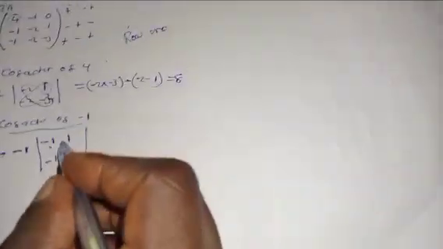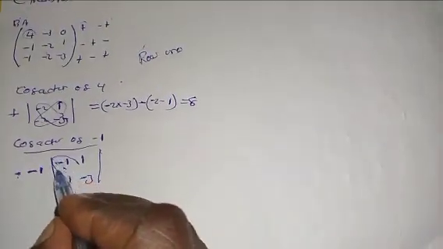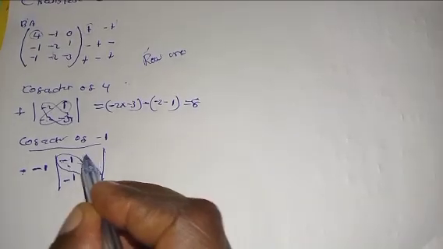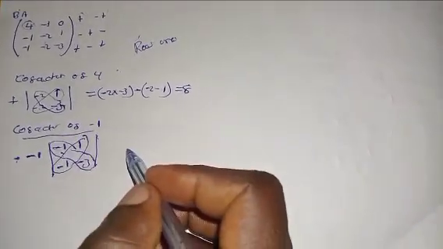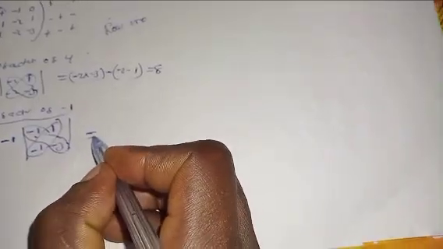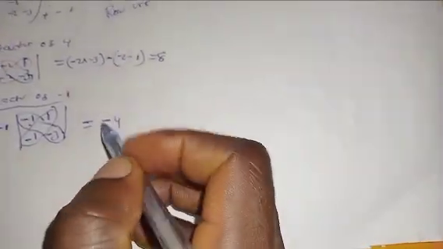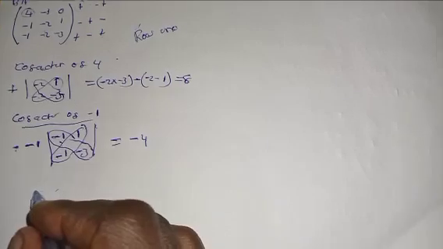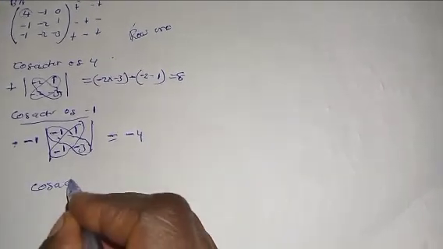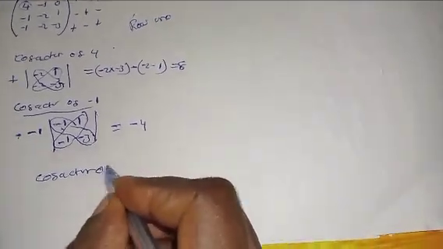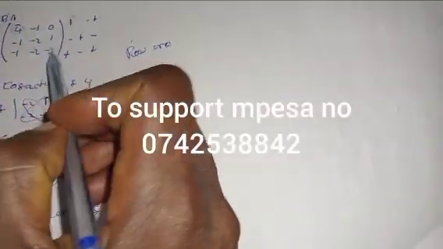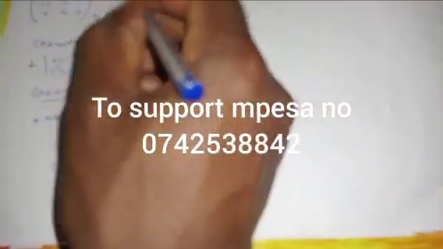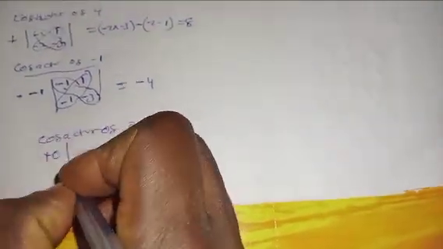So you do the same, you multiply this minus this, so you will find negative 4. You do the same for the cofactor of 0: we come here, you close this and this, and you start with this sign first, positive 0.